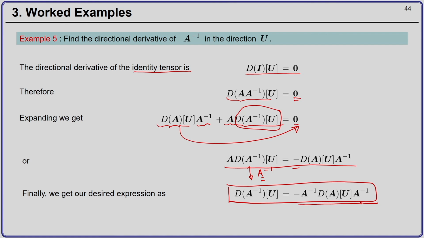Okay. So, if you could find out the directional derivative or the change in the value of A in the direction u, you would be able to compute the change in the inverse of the second order tensor in the direction u. Okay. So, that is your final expression.